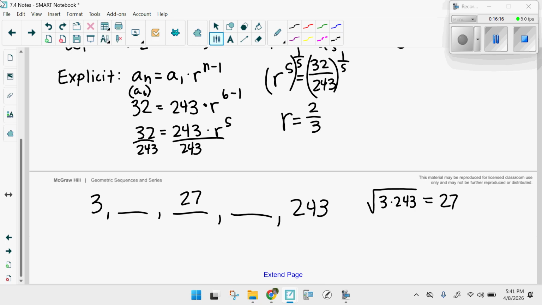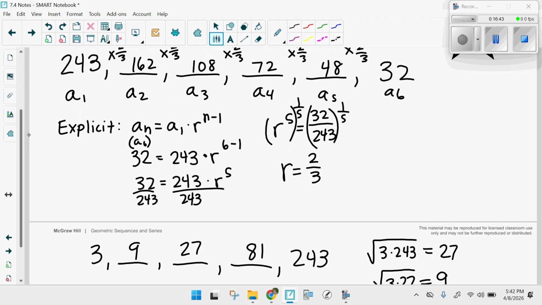That tells me this term is 27. Then if I wanted to find that term, now I can do the square root of 3 times 27, which is going to equal 9. And if I wanted to find that term, I can take the square root of 27 times 243, which is equal to 81.